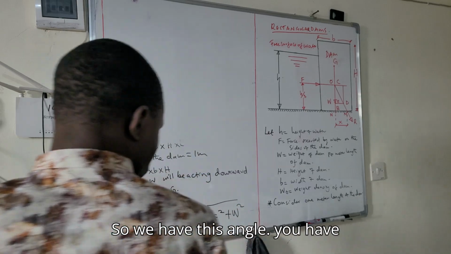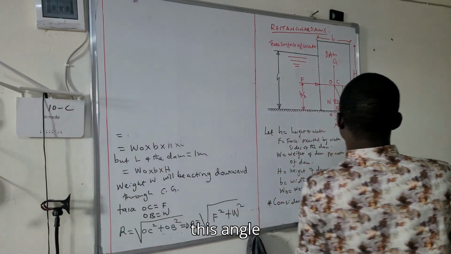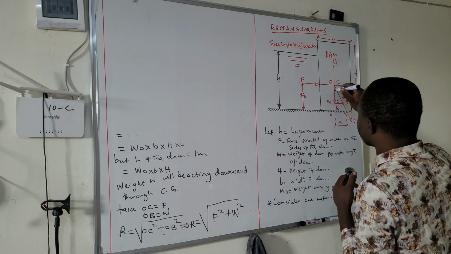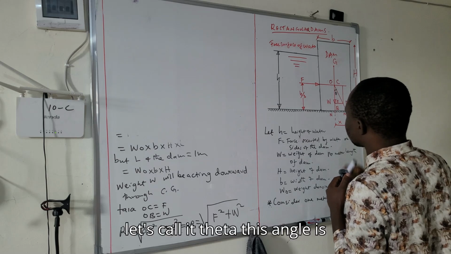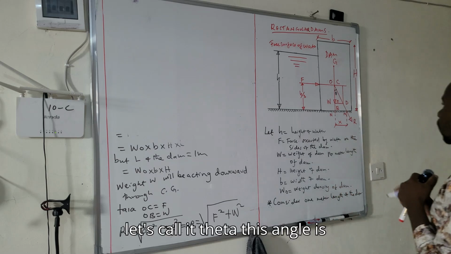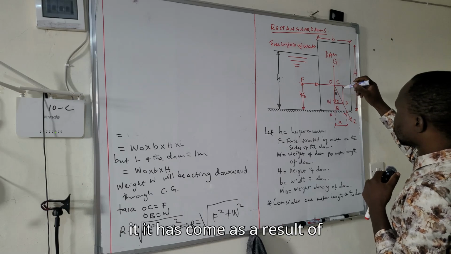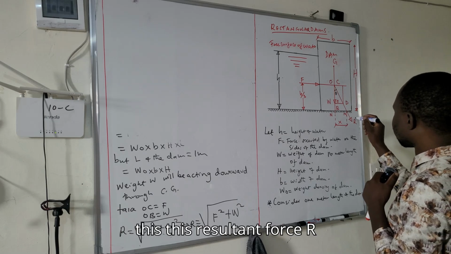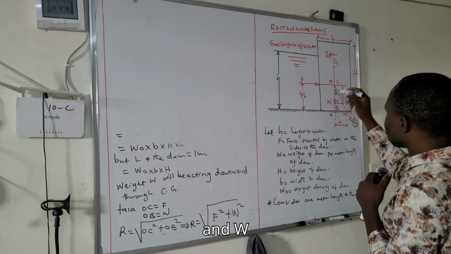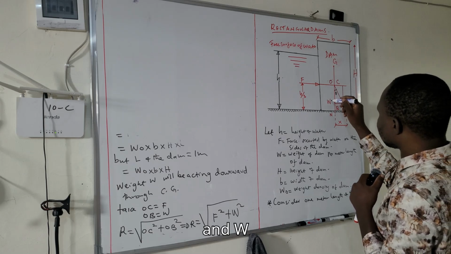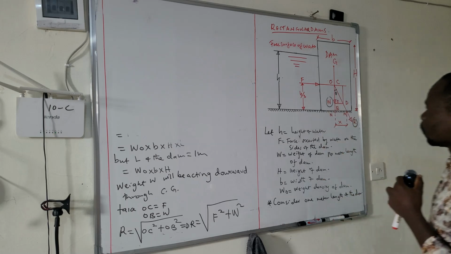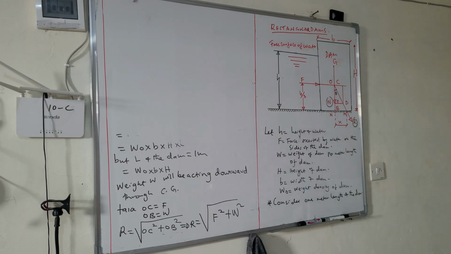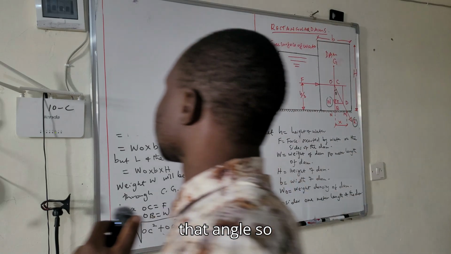So we have this angle. Let's call it theta. This angle has come as a result of this resultant force R and W. So how are we going to get that angle?